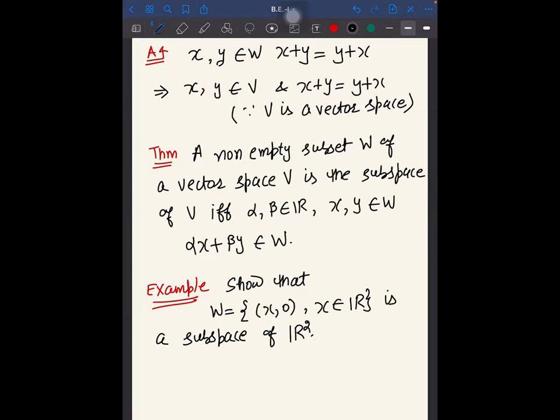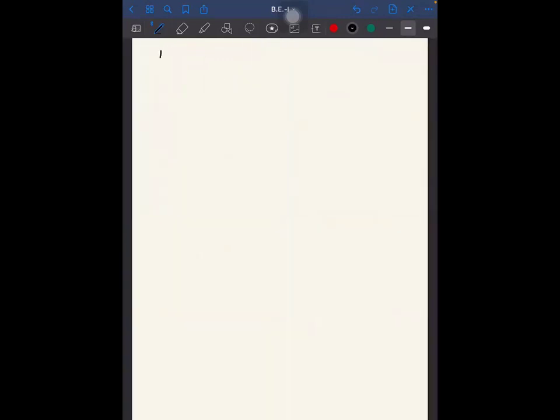Pick two elements of W. Let W1 and W2 belong to W. So how will W1 look? W1 will look like a tuple X1 comma 0, and W2 will look like X2 comma 0, and X1 and X2 are both real.